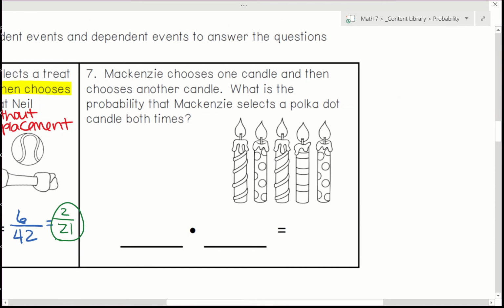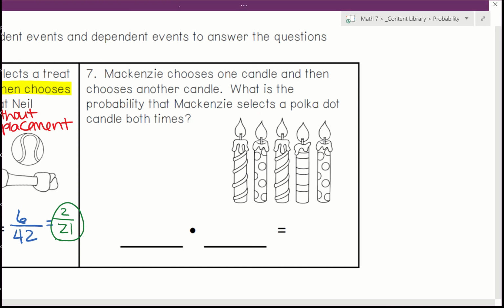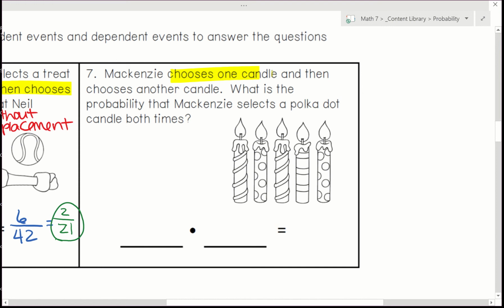All right. Mackenzie chooses one candle and then chooses another candle. What is the probability that Mackenzie selects a polka dot candle both times? So, since she is choosing a candle and then chooses another candle, that again is without replacement.